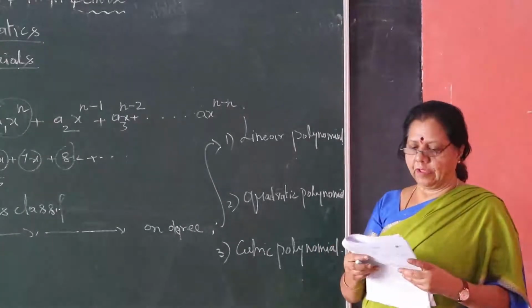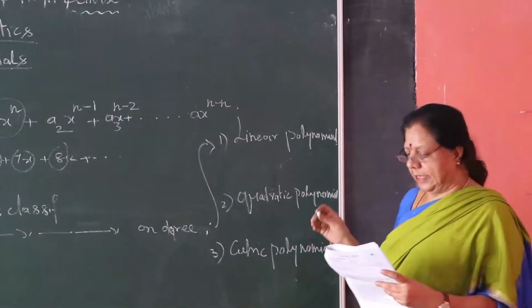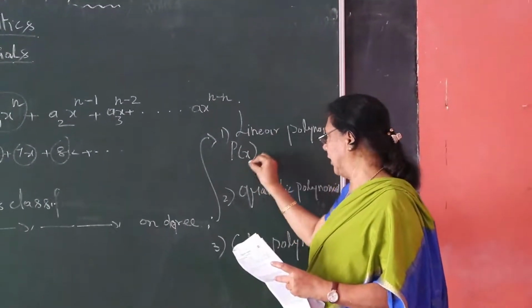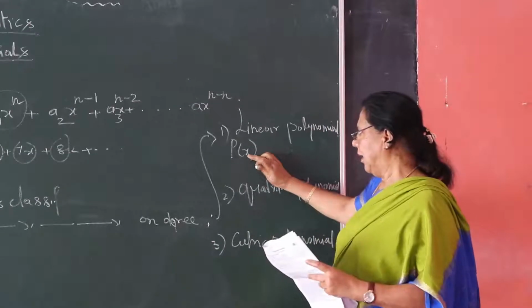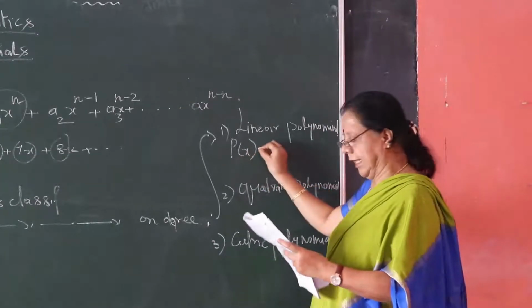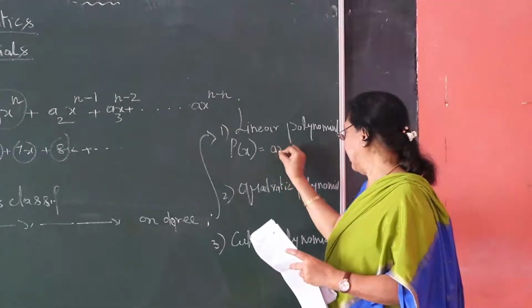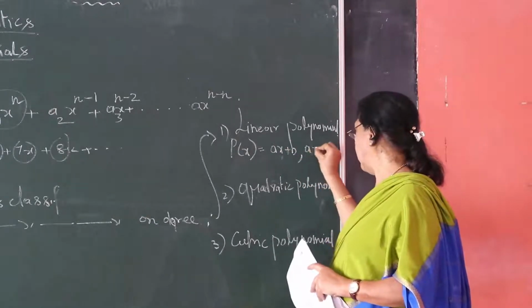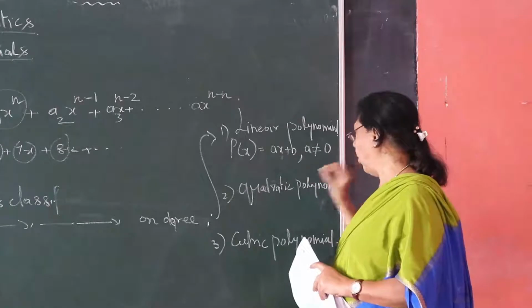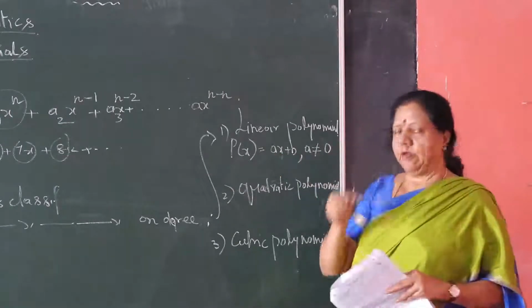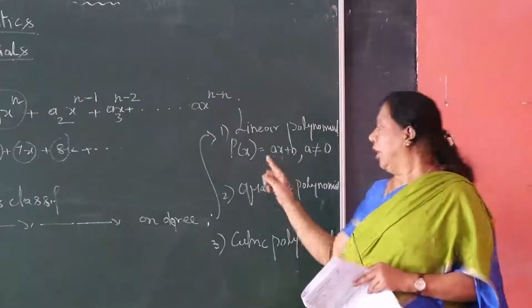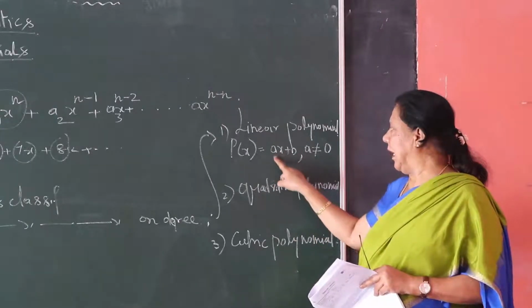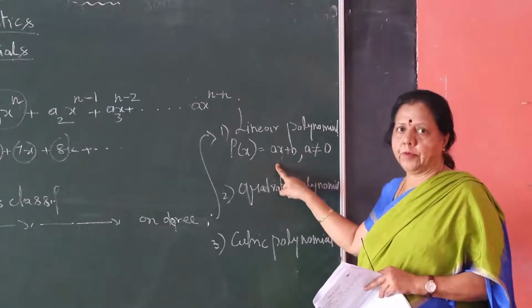I simplified it very simply. The degree of polynomial is P of x, the expression, and this is a variable. This P of x is equal to ax plus b, where a is not equal to 0. 0 should not be given as the value for a. If you give 0 for a, the x term will become 0.